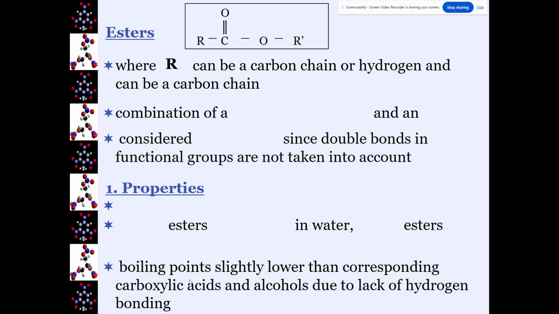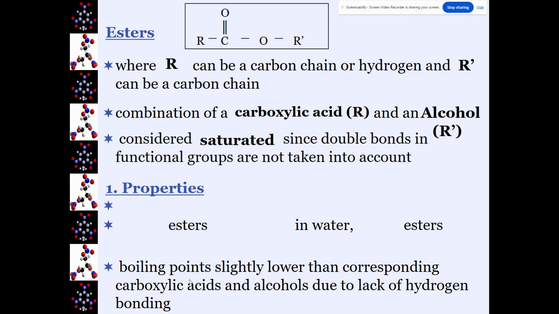To understand an ester, it is the combination of a carboxylic acid and an alcohol joining together. So I'm actually going to show you this process so it'll make a little more sense. It's very similar to a carboxylic acid where it has C double bond O, but the H that was on the acid has been replaced with a carbon chain. So there's no hydrogen on that oxygen, there's another carbon chain.